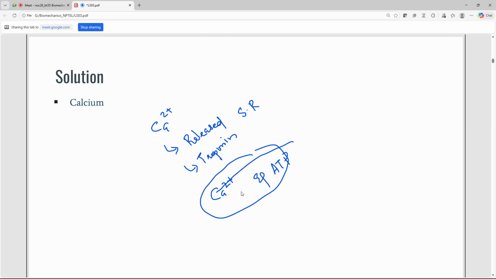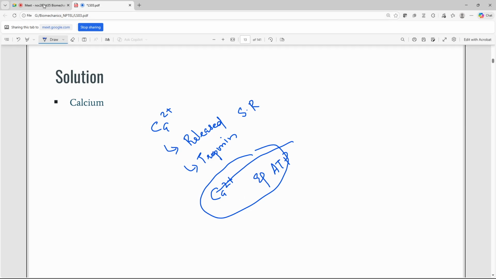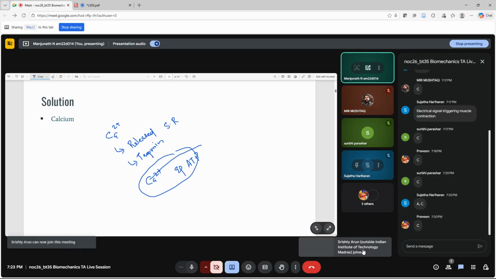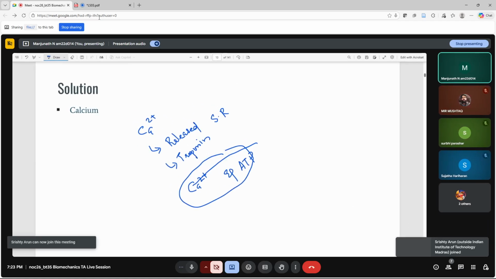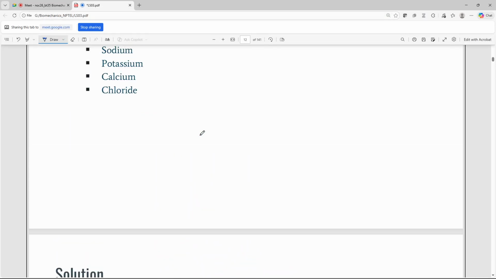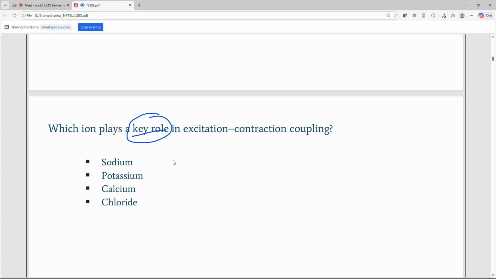As long as calcium and ATP are available, the cross bridge will continue and the contraction will be sustained. Once the release of calcium ions has stopped or decreases, that bond also decreases or breaks. So the main part is the key role, which has the important role.